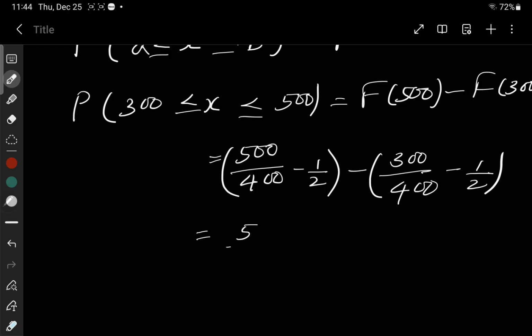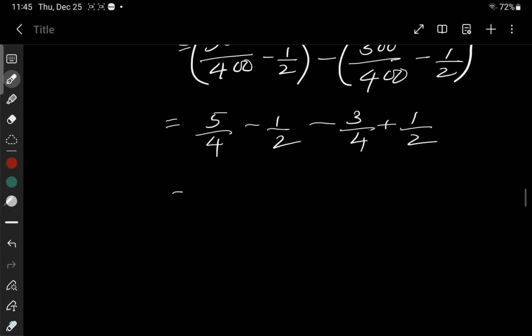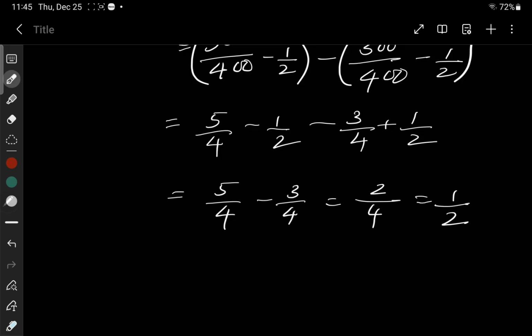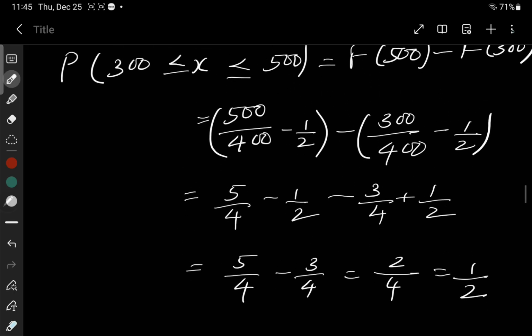So this is 5 by 4, zeros cancel, minus half, minus 3 by 4, minus into minus plus half. So plus half and minus half cancel, 5 by 4 minus 3 by 4. So 4 is the LCM, 5 minus 3, 2. Answer is 1 by 2. So this third sum is over. Thank you.